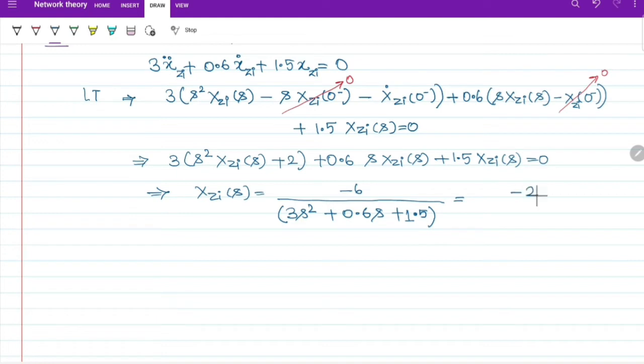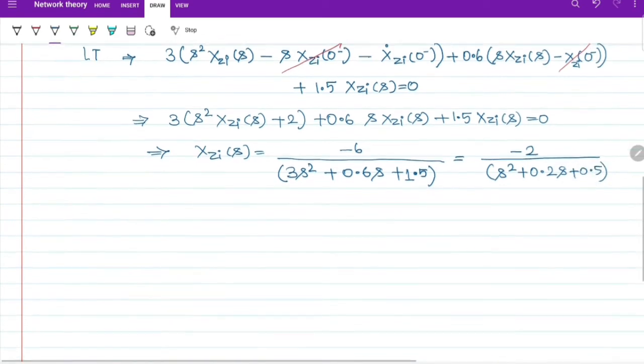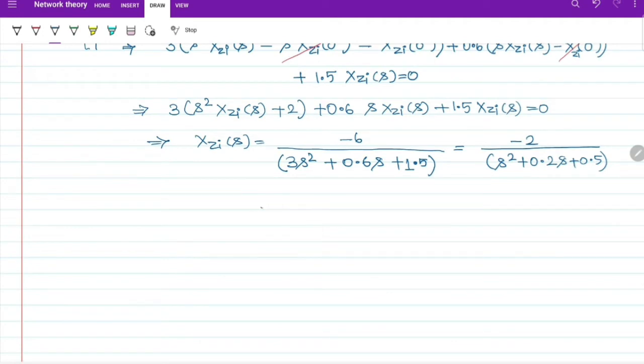This can be written as -2 divided by s² + 0.2s + 0.5. Now we can write this equation as X_zi(s) = -2 divided by (s + 0.1)² + (0.7)², since 0.7² will be 0.49 and 0.1² will be 0.01, making 0.5.